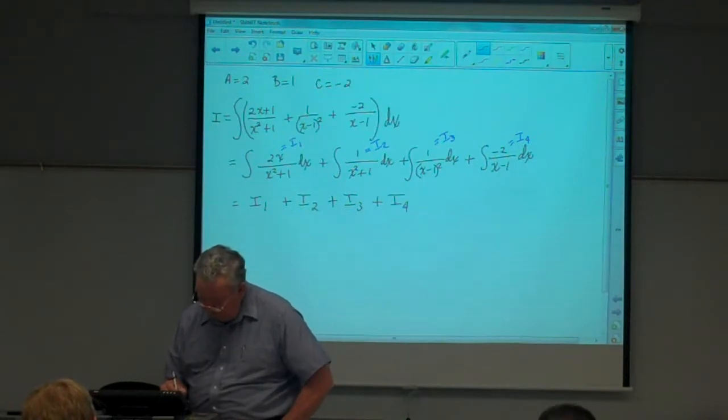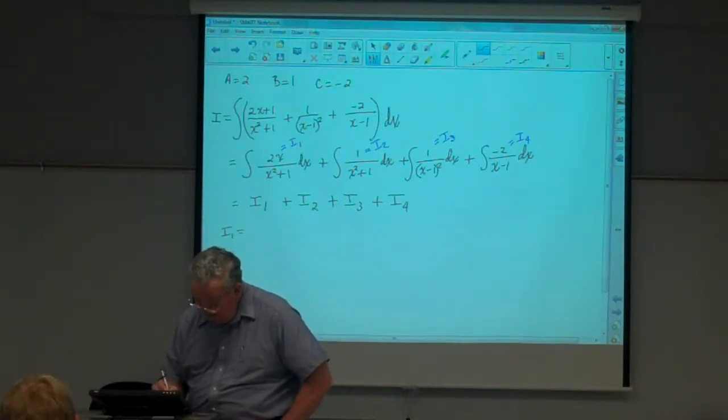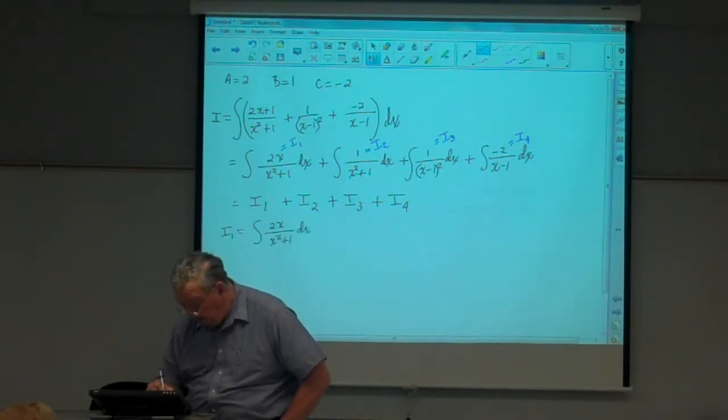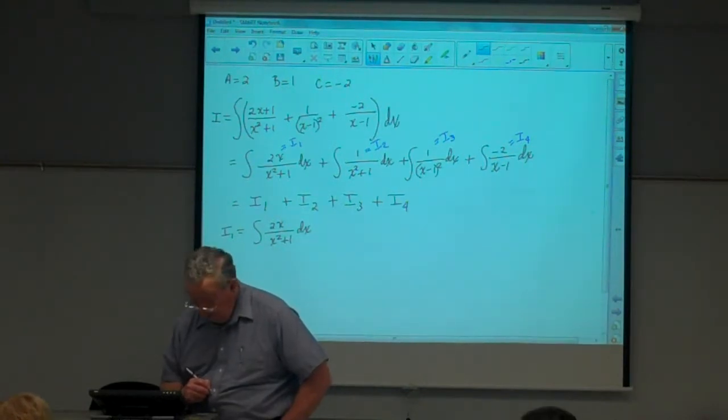So, here we go. May as well do them in order. I1 is equal to the integral of 2x over x squared plus 1 dx. Let u equal x squared plus 1. Louder?